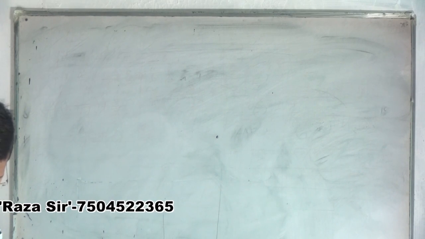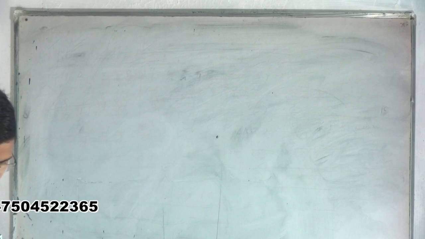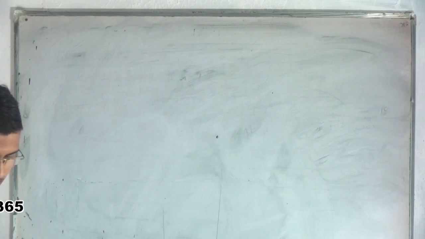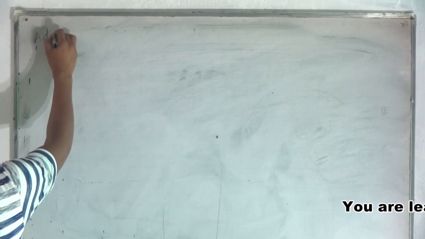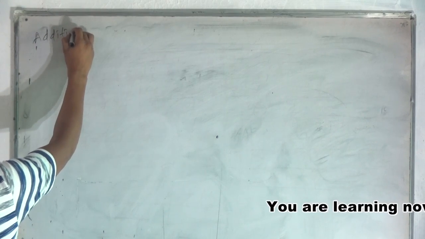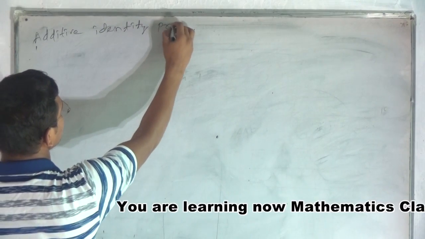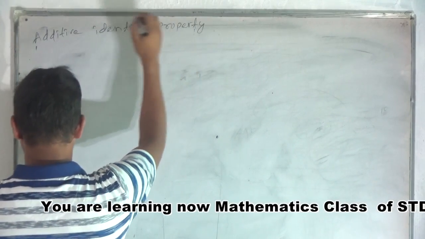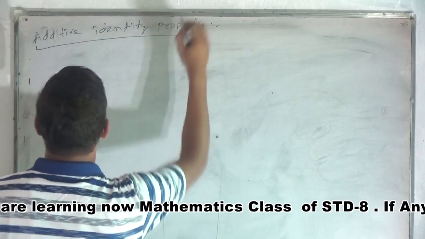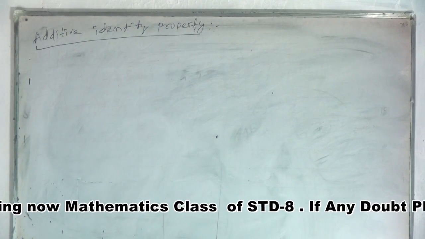0 is the additive identity for the rational numbers. That means the additive identity property.